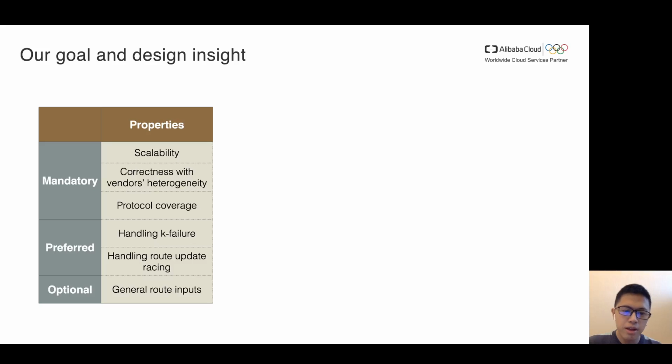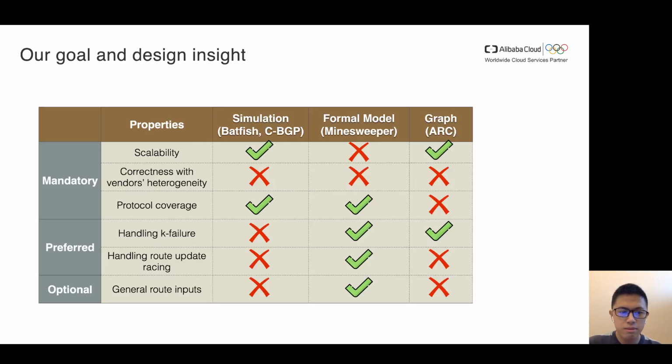Mandatory property means these properties are the most essential to make the verification applicable to the WAN. It includes scalability, correctness, and protocol coverage. Preferred properties represent features that are very helpful, although they are not fundamentally necessary. The optional property can be given up to make the verification more lightweight or easier to realize.